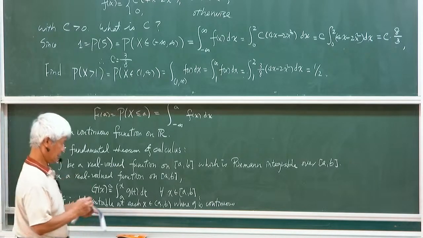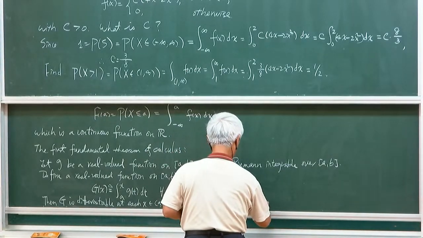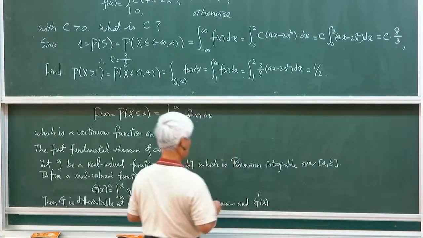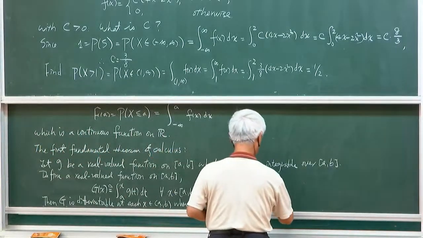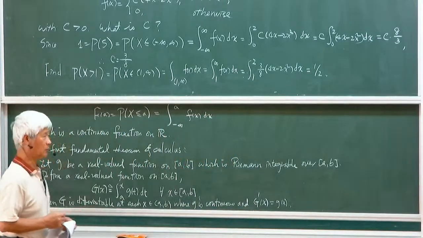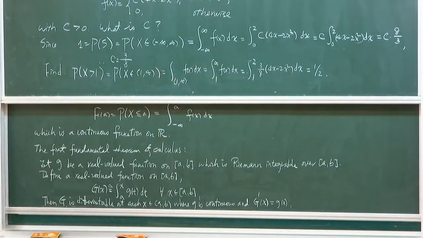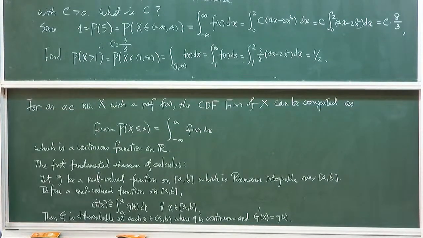And the value of the derivative of big G at this point x is equal to little g. Okay, so this is the result of the first fundamental theorem of calculus. When you learned calculus in your freshman year, you should know this theorem.